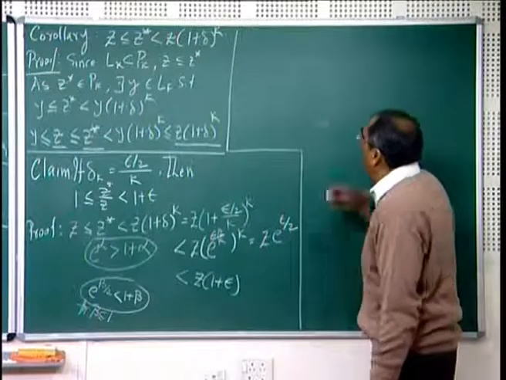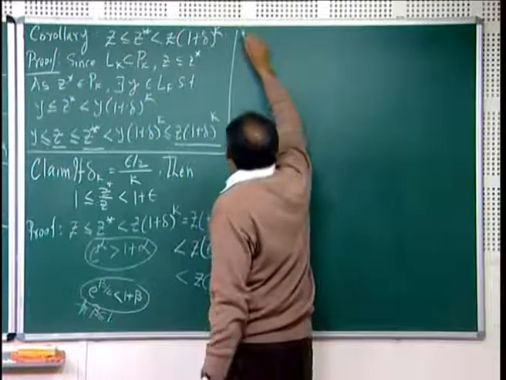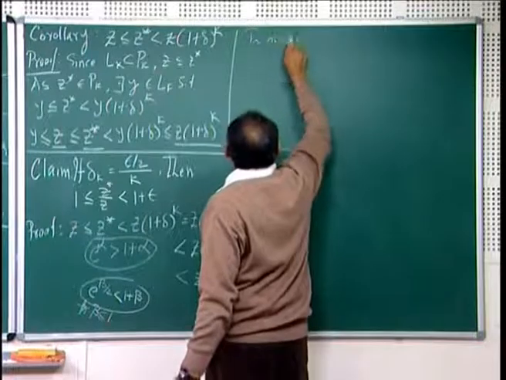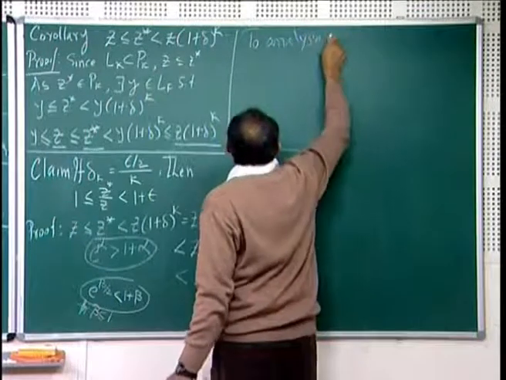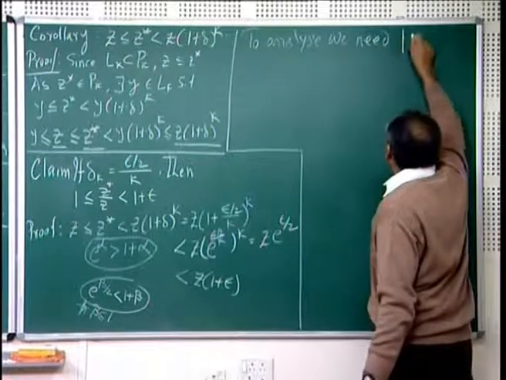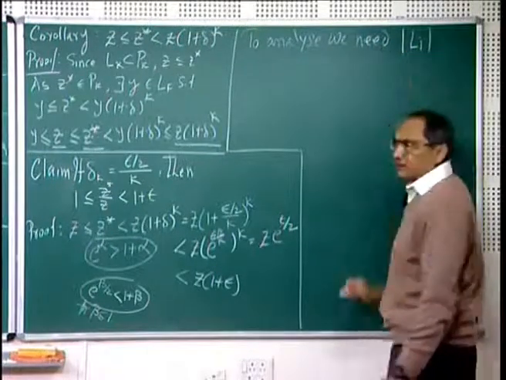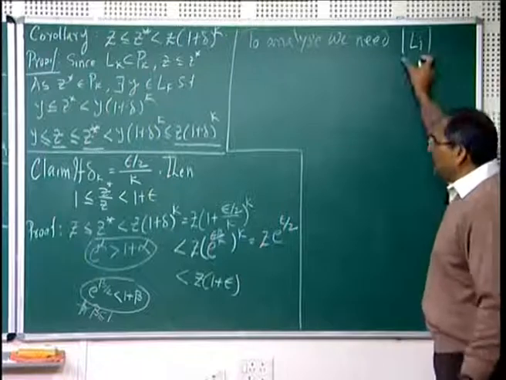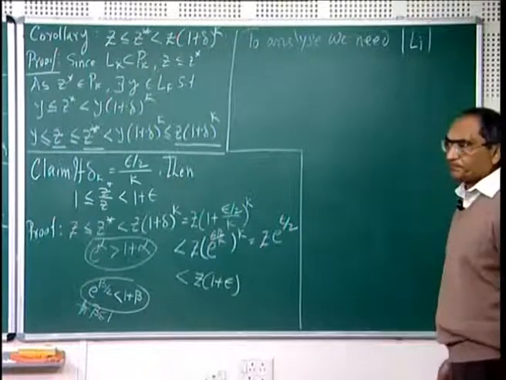So, what is the goal? To analyze, we need the length of the ith list. This denotes the number of elements in the list.